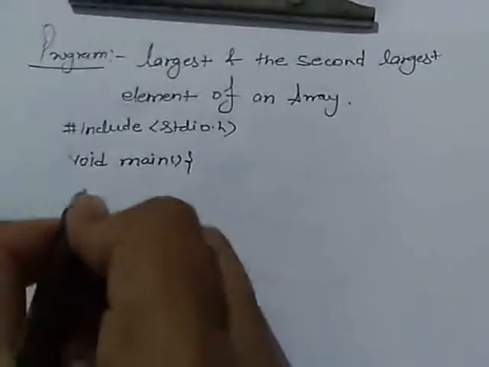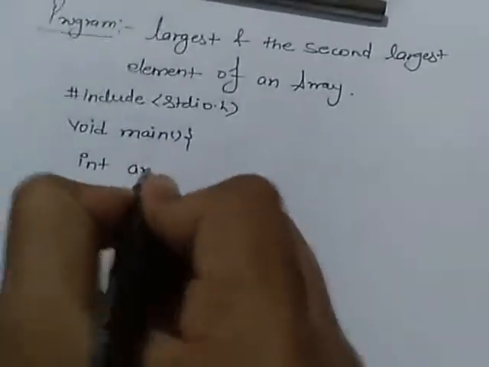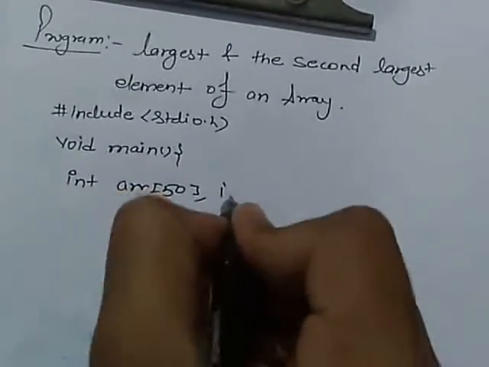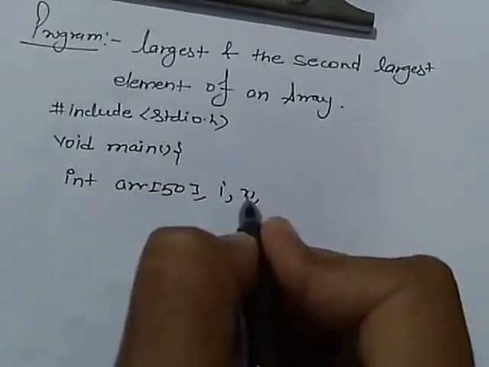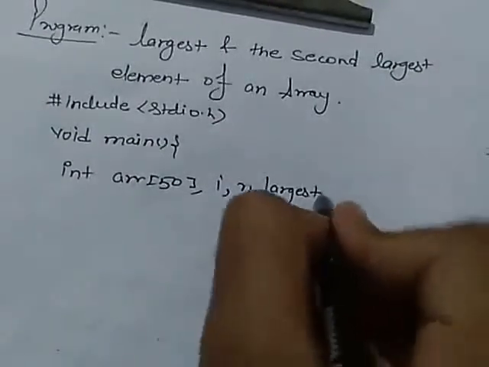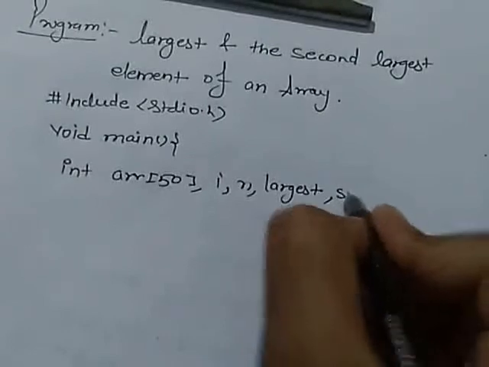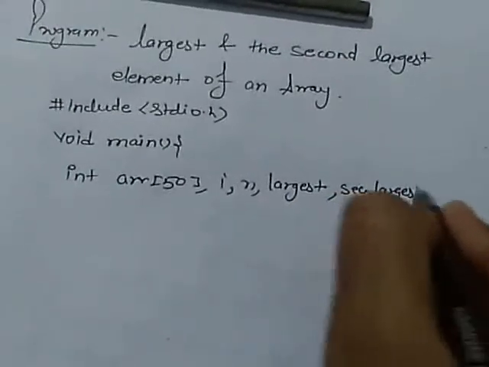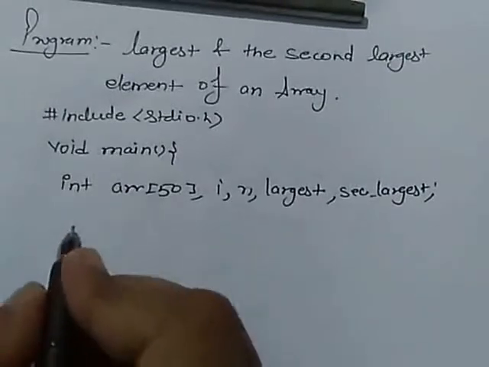Inside the main function we have to take an array of 50 elements, two variables i and n. We have to take the largest and the second largest element, and we have to print the second largest and the largest element.